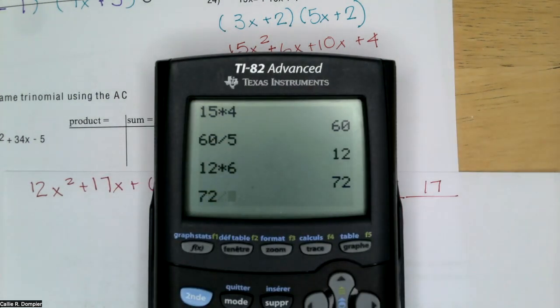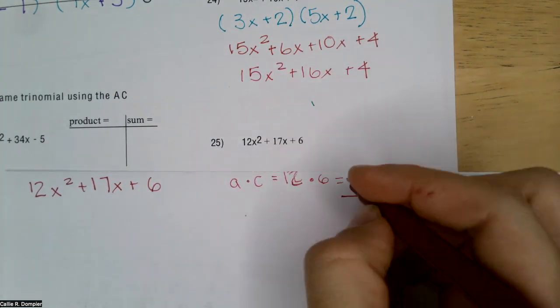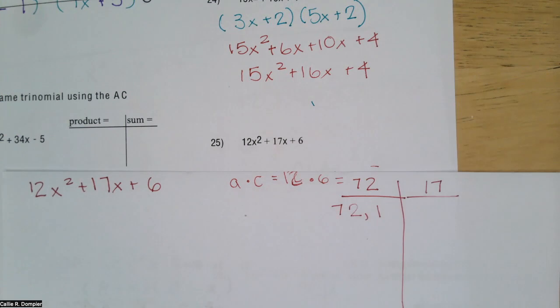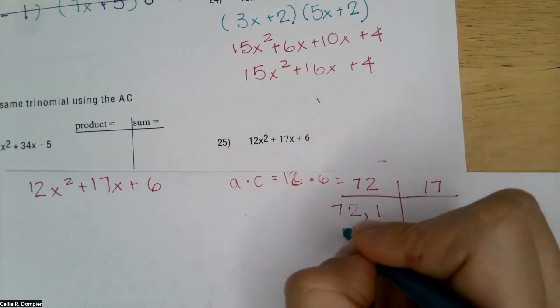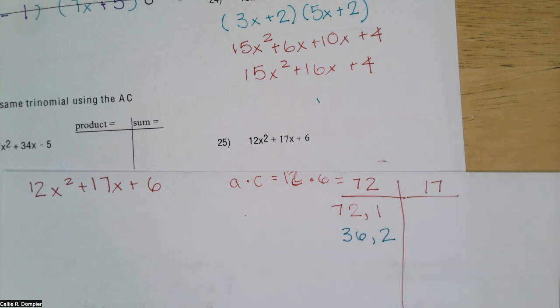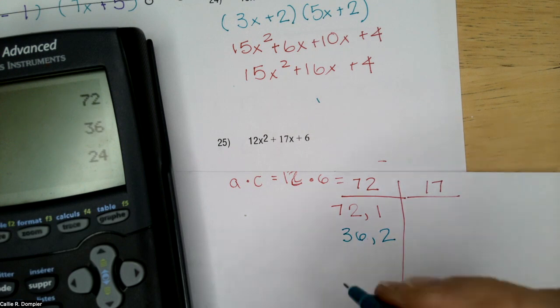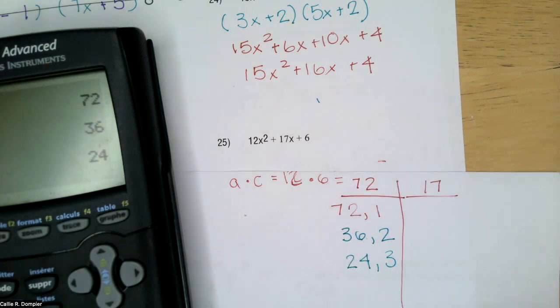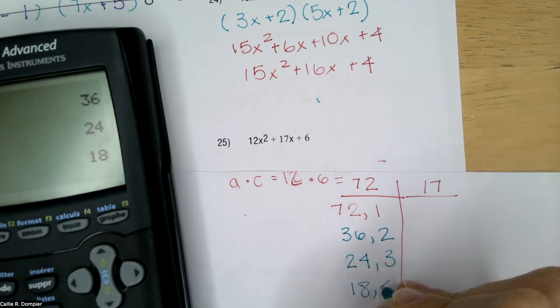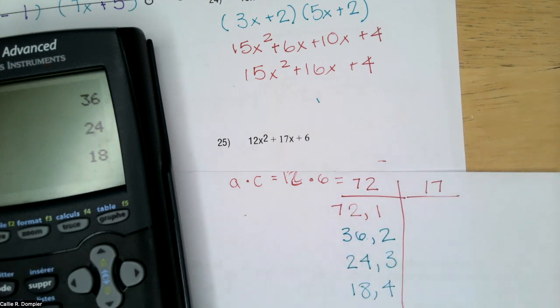So 72 divided by 2 is 36. So of course we have 72 and 1, but those don't add to 17. 36 and 2, those don't add to 17. 72 divided by 3, 24 and 3 do not add to 17. 72 divided by 4, 18 and 4, those don't add to 17. 72 divided by 5, that won't work. 72 divided by 6 is 12.